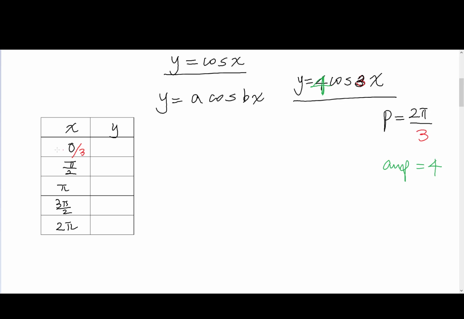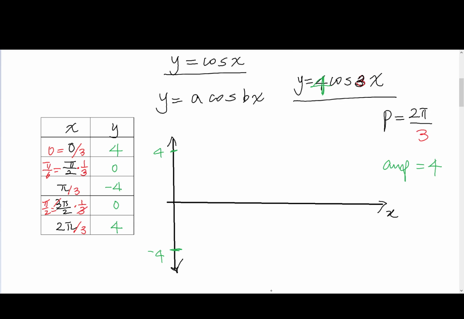So 0 divided by 3 is just 0. Pi over 2 divided by 3 is the same as multiplying by 1/3, which is pi over 6. Pi divided by 3 is pi over 3. 3 pi over 2 divided by 3 is pi over 2, and 2 pi divided by 3. And the y values, since we are changing the amplitude, are 1 times 4, then 0 times 4 is 0, then negative 1 times 4 is negative 4, then 0, and 4.